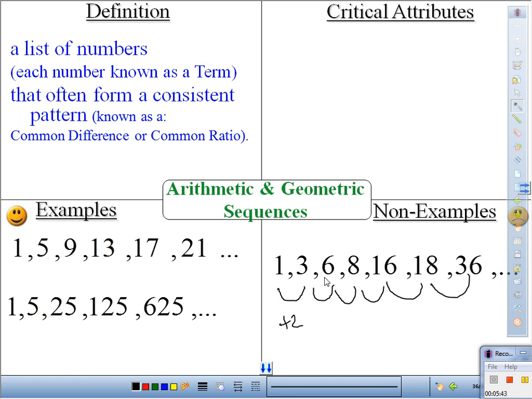Do I add 2 here? Nope. But here, yeah, we add 2. Oh, I see. They're multiplying times 2, multiplying times 2. Is it only one consistent operation or pattern throughout? No, that's why this is not either arithmetic or geometric.